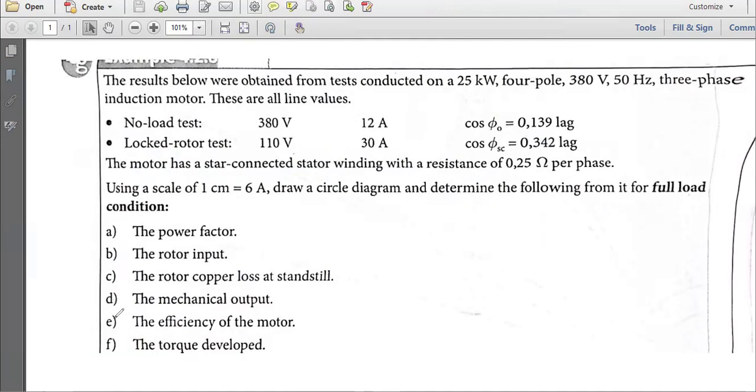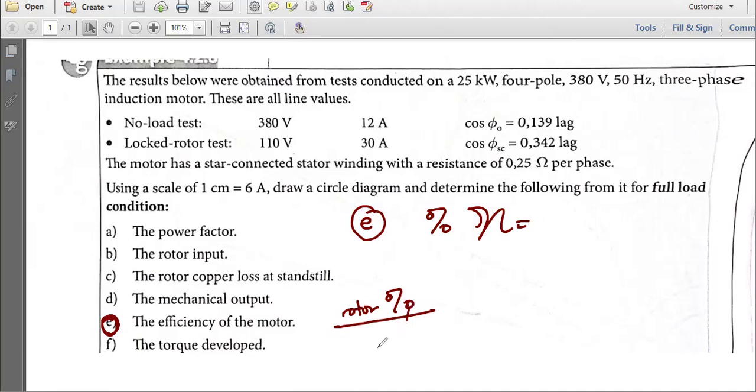So that was it. Then the part of the efficiency of the motor. That was the E part, the efficiency. So as a percentage efficiency, we can take it from the output of the rotor. Remember, we said we can have this one from the rotor output over the input to the motor. So the rotor output, that is LM, over what?